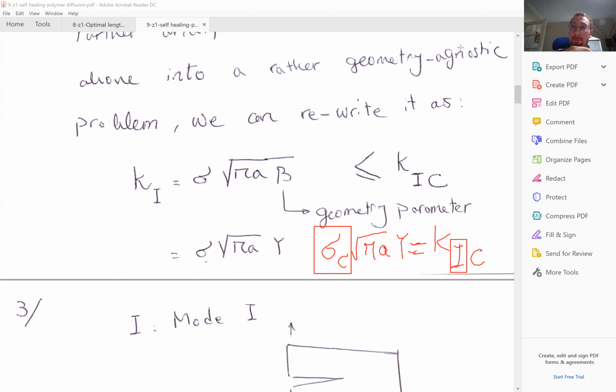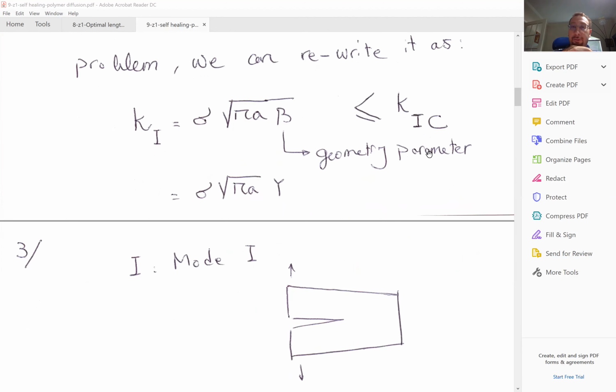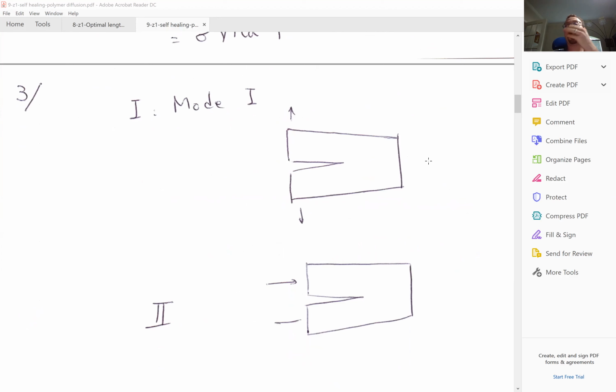To understand what I mean, there are 3 basic types of loading, and everything else can be a combination of these that we will talk about. Mode 1 fracture is when we have a crack like this, and we're trying to open it like that. Basically, it's opening the crack.